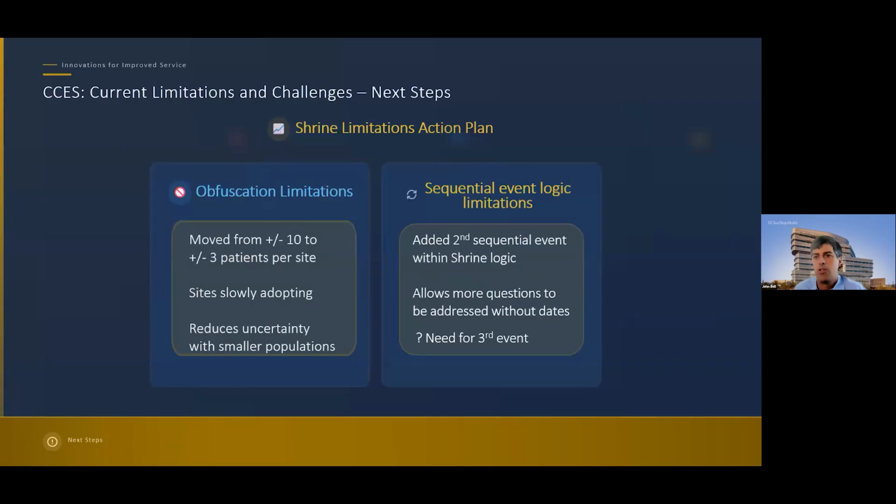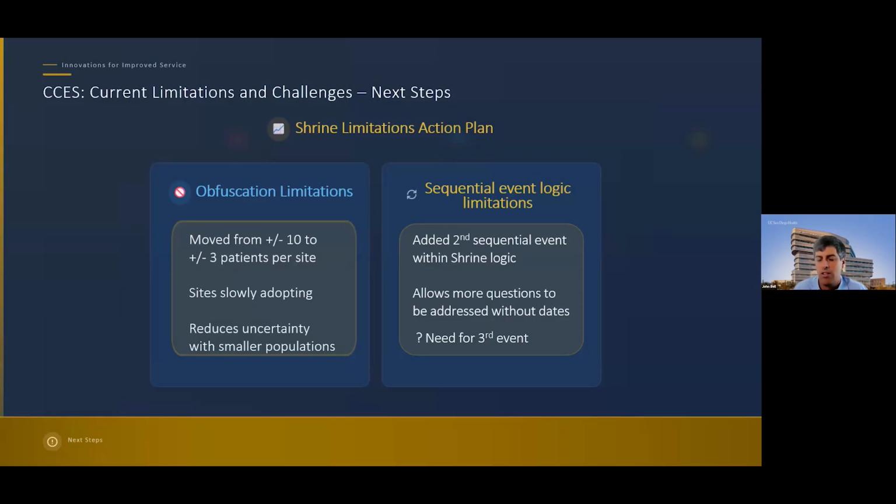So looking at the Shrine limitations action plan, we've looked at that. I know that many of you are probably aware that with that we've been able to get the ENACT network to change the obfuscation limits to move from ±10 to ±3 patients per site. Sites are slowly adopting that.